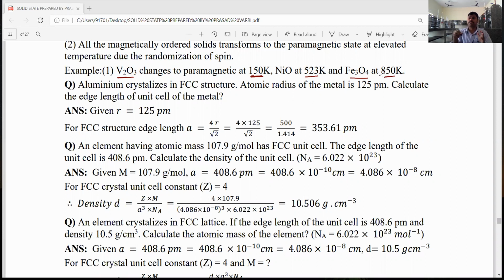Okay, dear students, this is about magnetic properties of crystalline solids. There are 5 magnetic properties. In every case, we need to remember the examples, and the alignment of unpaired electrons, how they are arranged in those substances, that also we need to remember.